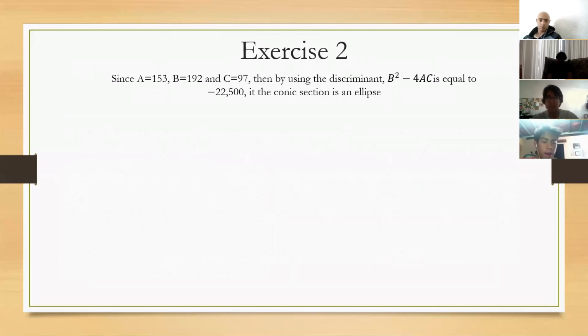So with the rules that my partner Giacomo gave us, we can solve the following problem, where we need to eliminate the xy term from the equation 153x squared plus 192xy plus 97y squared is equal to 225.